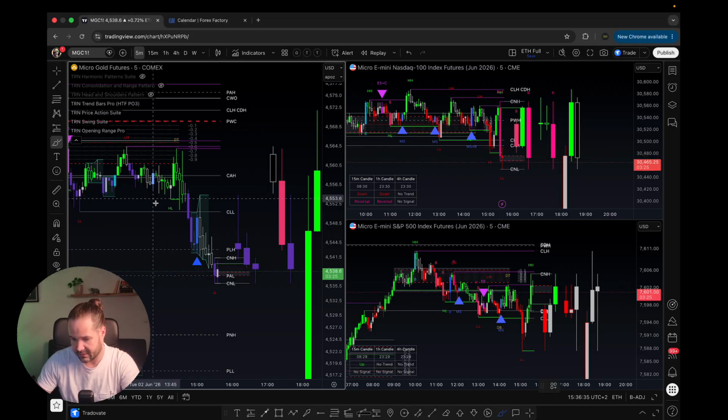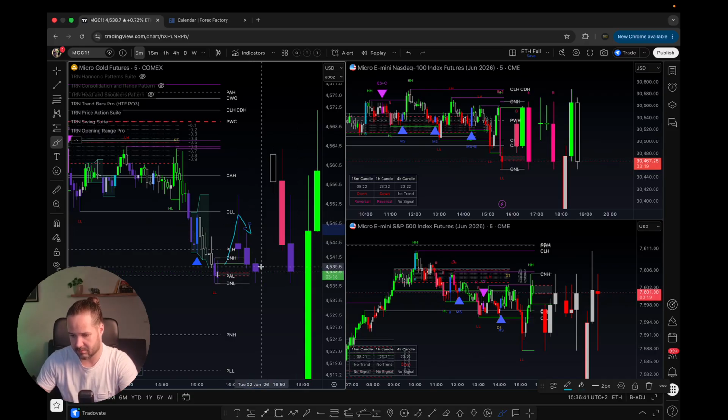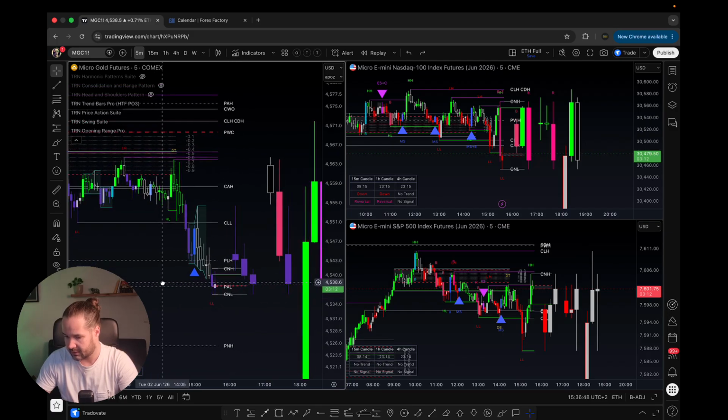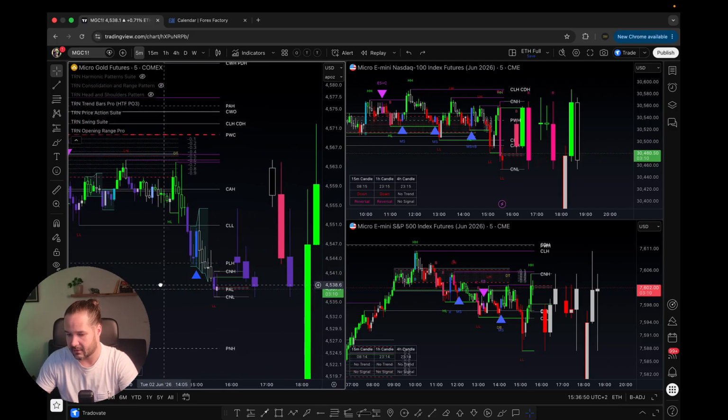So honestly, it would be something like this: pullback to this low right here, and then a bearish continuation. This would be what I would be looking for, and then a signal. But I don't think it will happen right now.